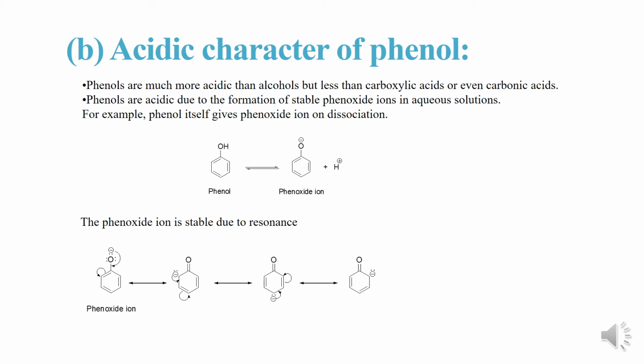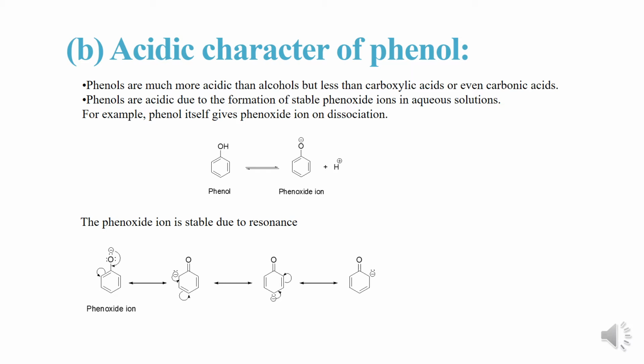Phenols are acidic normally due to the formation of a stable phenoxide ion, that means C6H5O minus, in aqueous solution. For example, phenol itself gives phenoxide ions on dissociation, and therefore it is acidic.